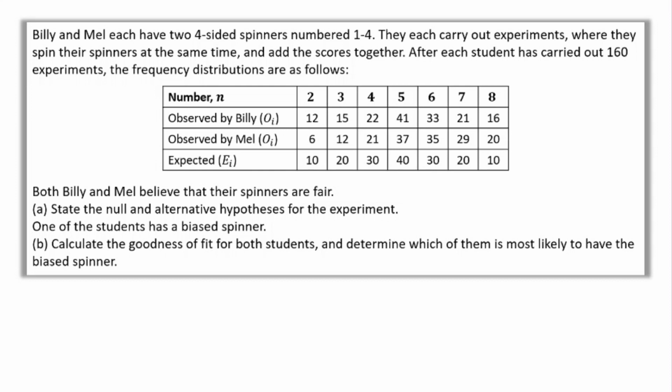So basically, we're going to try and calculate the chi-squared test statistic for both Billy and Mel. Whoever has the smallest value is most likely to fit the distribution of the expected values, and whoever has the larger value is more likely to have the biased spinner, is more likely to have the spinner that does not fit the distribution of expected values.